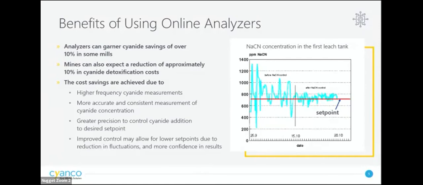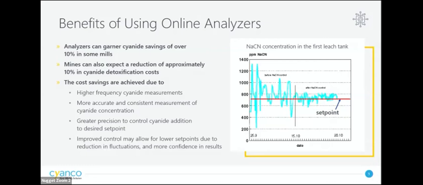And on your right-hand side, this is after we installed the cyanide analyzer. The readings are more stable, and they're closer to the set point, which gives you confidence in your result. And when you are confident in your result, you can also lower your set point with confidence, right?